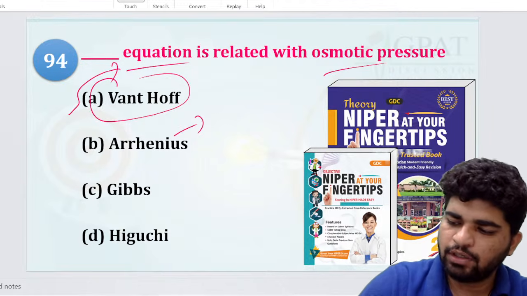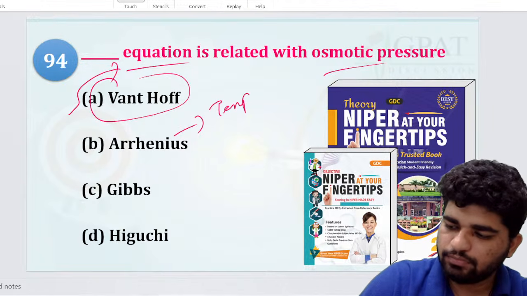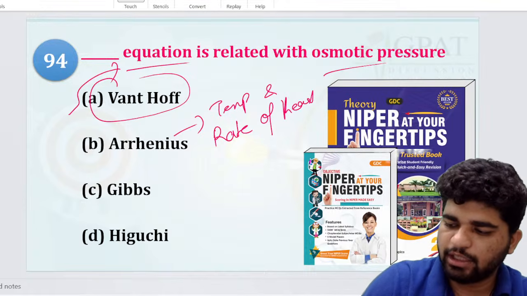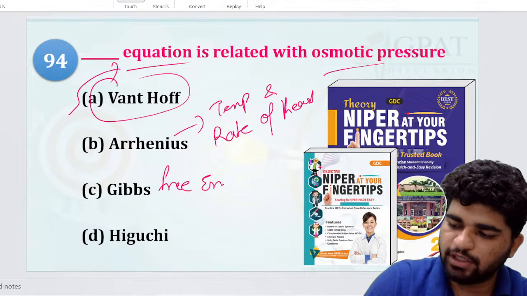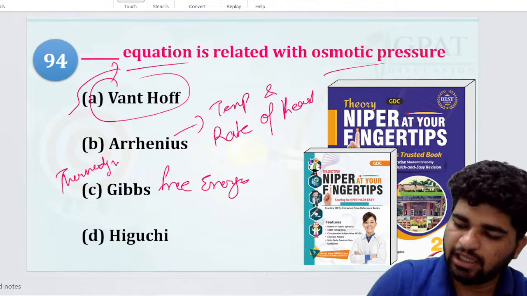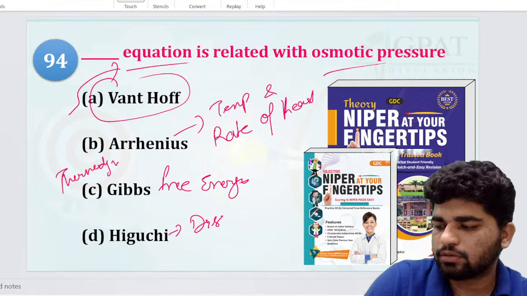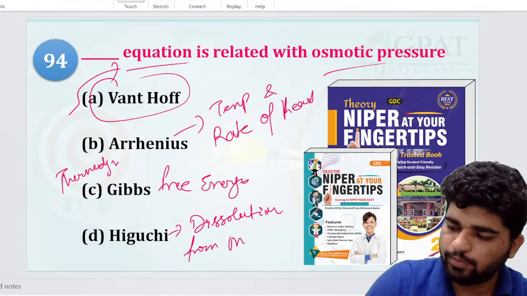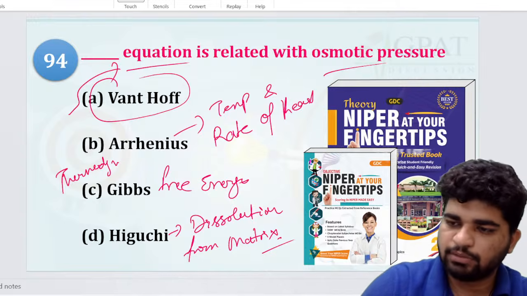Arrhenius is for temperature and rate of reaction. Gibbs free energy is for thermodynamics. And Higuchi is for dissolution from polymer matrix. So remember this one.